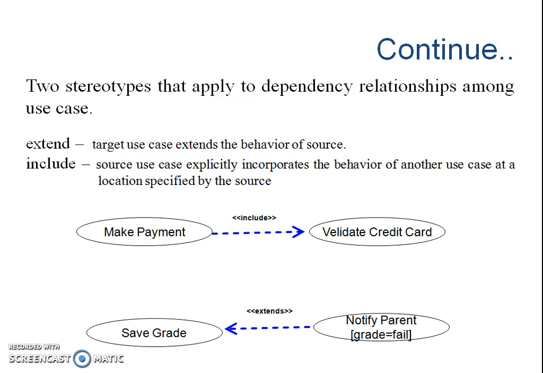It means if a teacher saves a grade and the grade assigned to a student is a fail grade, then the teacher can notify the parent, the guardian, otherwise not. It means the notify parent use case comes into existence when a fail grade is assigned to a student. So it is the optional case, not necessarily performed all the time when the grade is saved by the teacher.